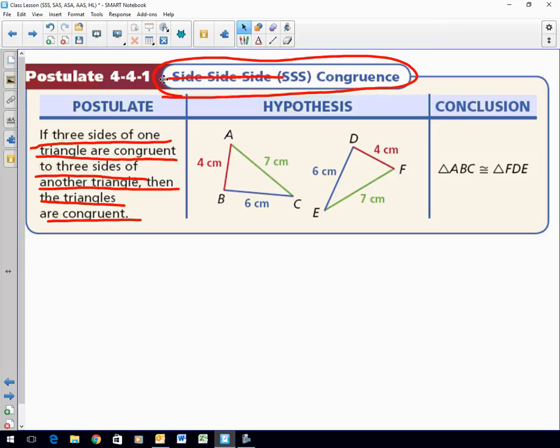How do we prove triangle congruence? One way is through side. If three sides of one triangle are congruent to three sides of another triangle, those two triangles are congruent.